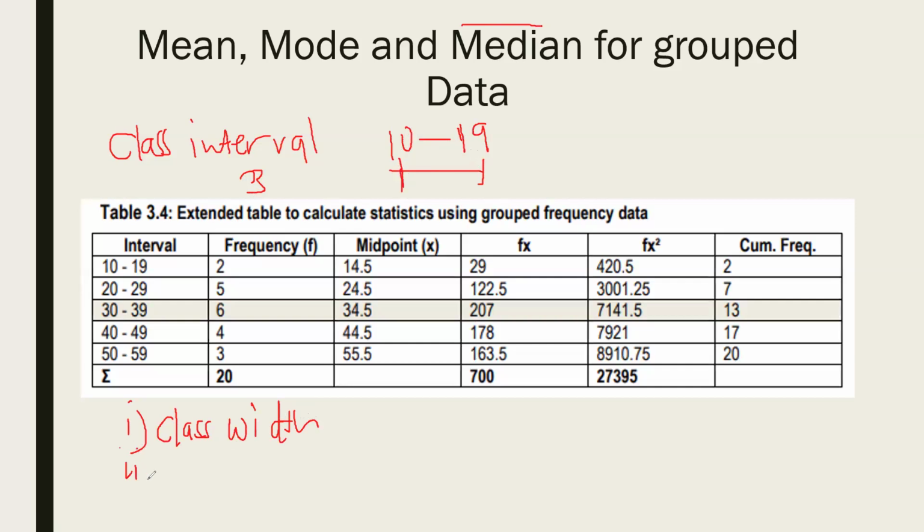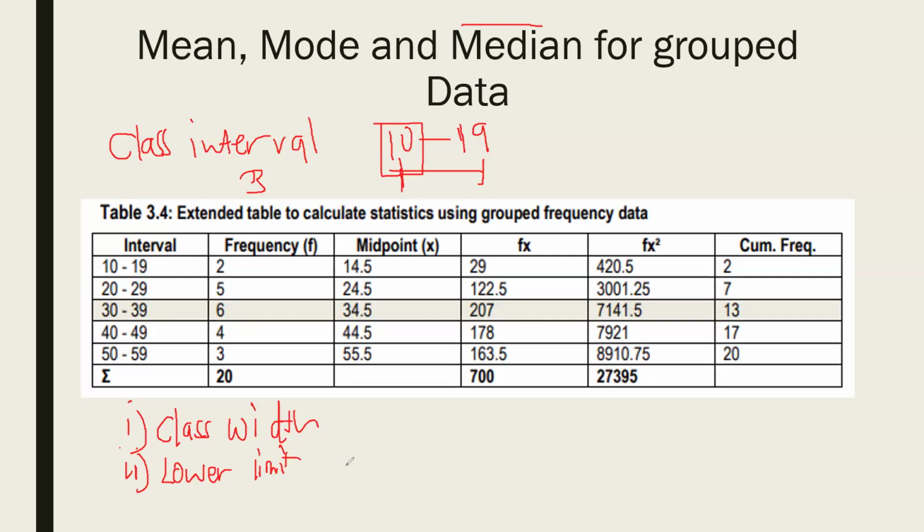Two, we have what we call the lower class limit. The lower class limit is the lowest value that can be achieved in that class. If our class interval is 10 to 19, the lowest value that can be achieved in that class is 10. So that's the lower limit of the class.